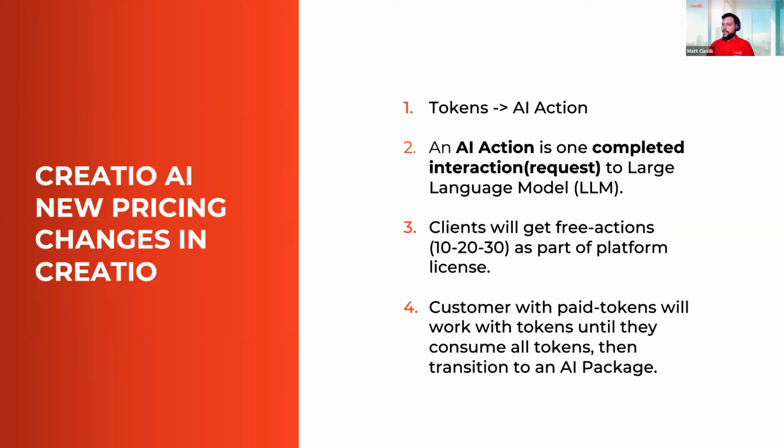So the difference is that we are not charging as per the amount of text that we got as a response from the chat. Now the AI actions are going to be used as per skill utilized by the agent, right?